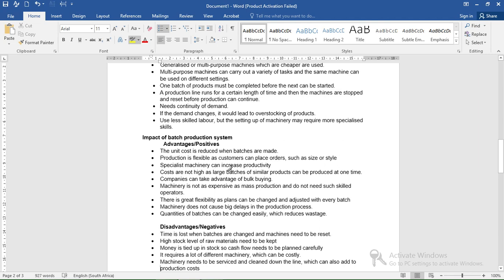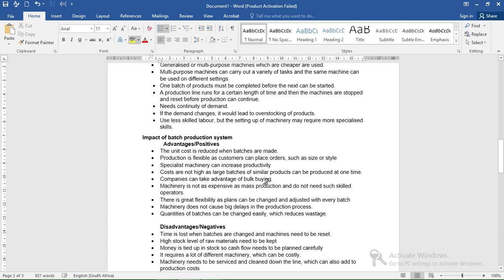And you have specialized machines which can increase productivity. Please write, is it an advantage? If you write specialized machine, tell me why is it an advantage? Because it can increase productivity, right? Costs are also not as high as large batches of similar products can be produced at one time, right?